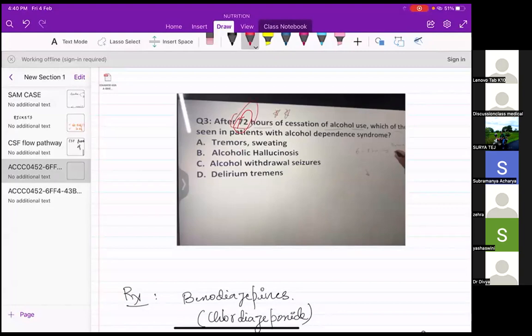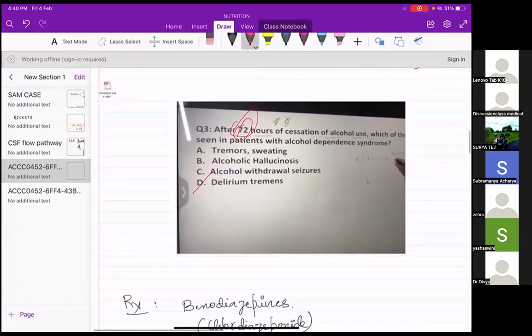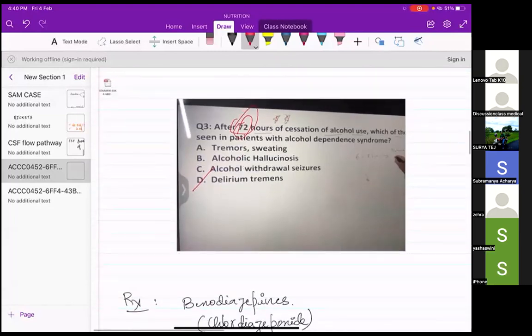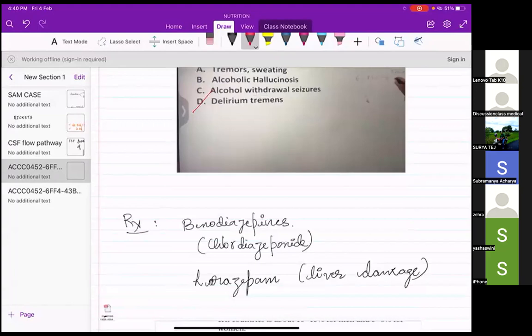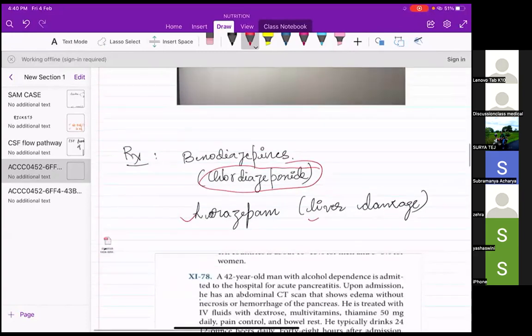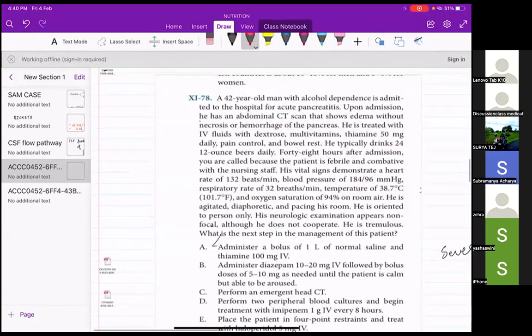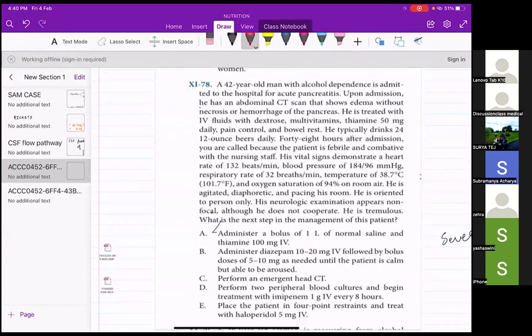In 72 hours, it has to be delirium tremens. If patients present with delirium tremens, you give benzodiazepines, preferably chlordiazepoxide. If there is any liver damage, then you'll give... Harrison pretest. It seems to be a big question, but it is very simple.